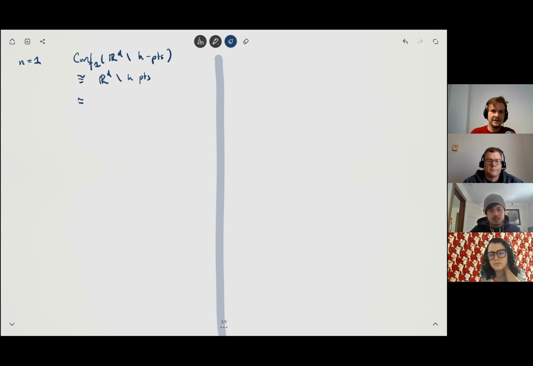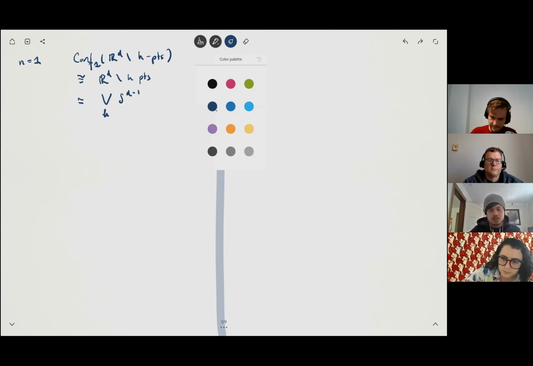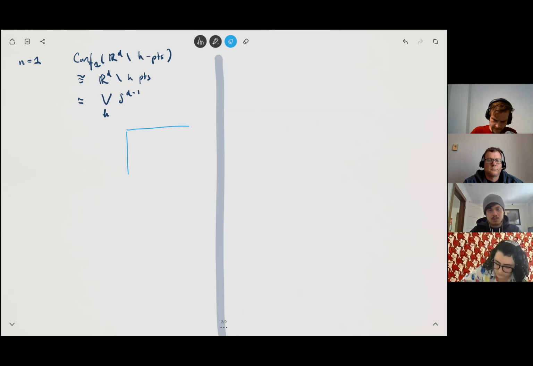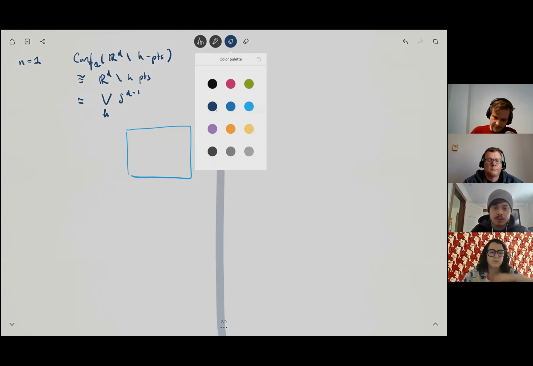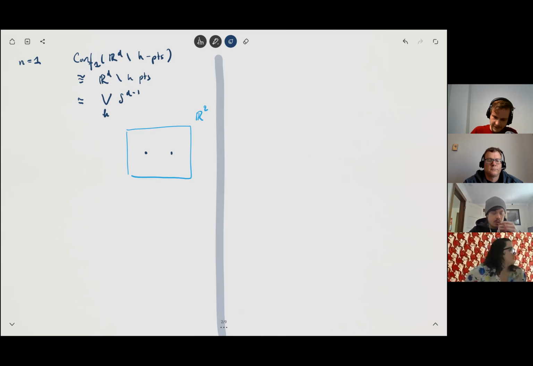And that's easily seen to be homotopy equivalent to a wedge of spheres. It's this picture where, if you take R^2 and you remove 2 points from it, you deformation retract onto a wedge of 2 circles.